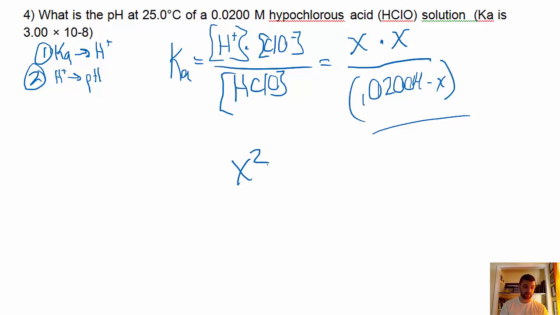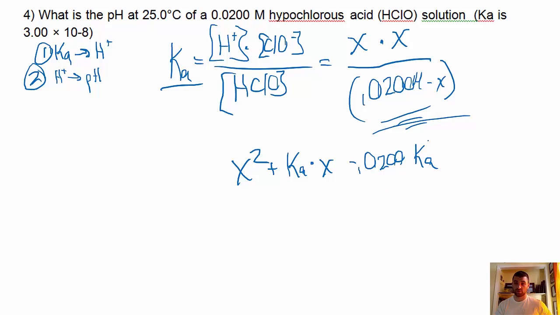I'm going to get X squared plus Ka times X minus 0.0200 Ka. How did that happen? Well, I multiplied everything by the 0.0200 molar minus X to the other side, I distributed the Ka there, and then I got everything on the same side. So I get 0 equals this.